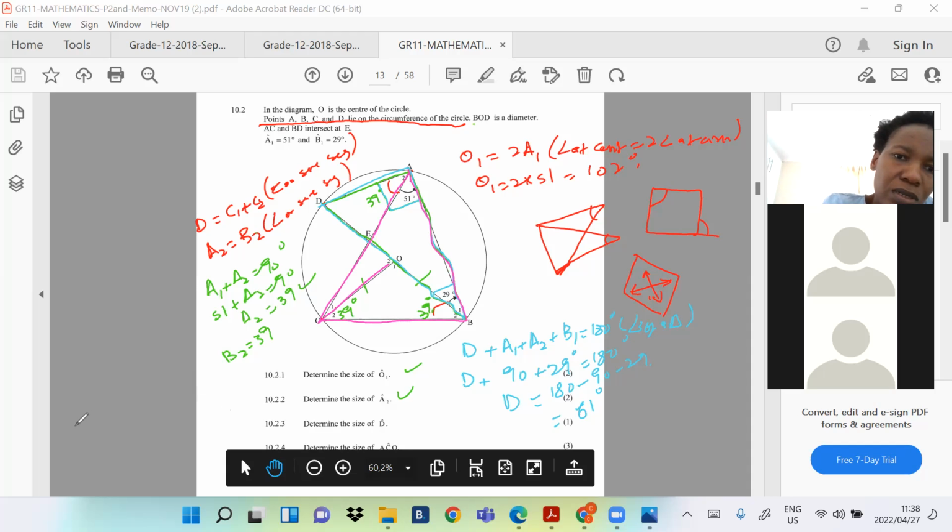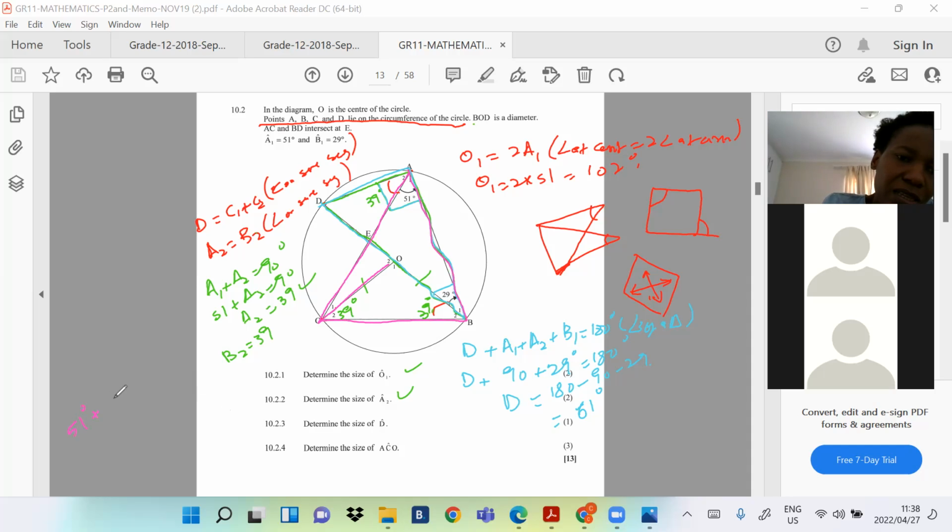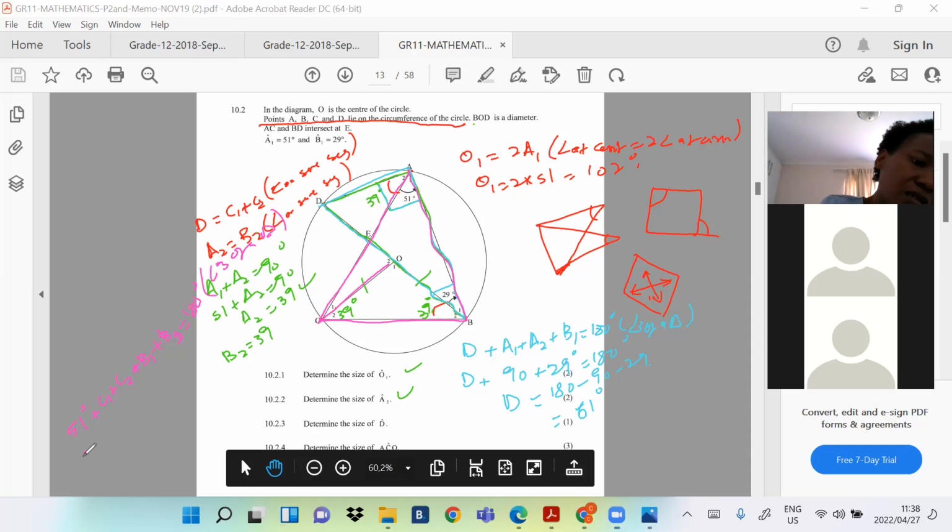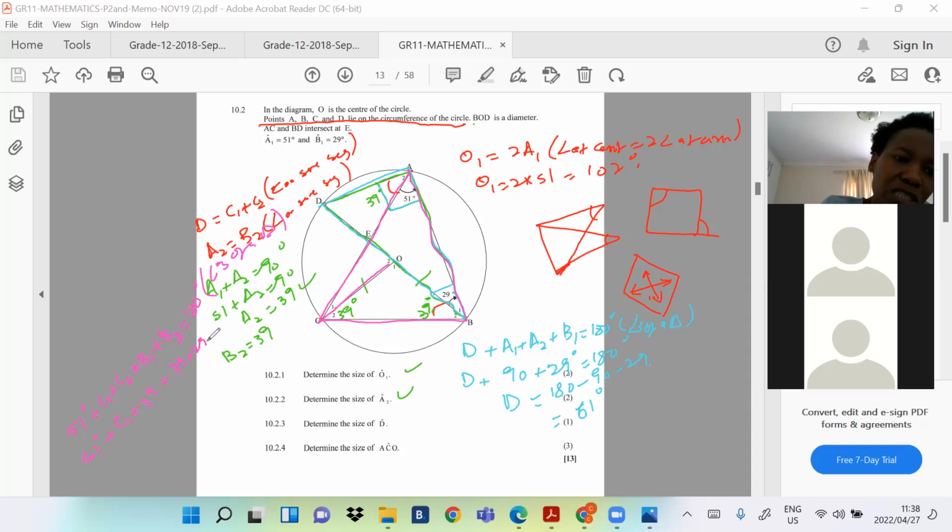So 51 plus C1 and C2 plus B1 and B2 must give us 180 because angles of a triangle, right? 51 plus C1 we don't know, C2 is 39, B2 is 39, B1 is 29, which is 180.